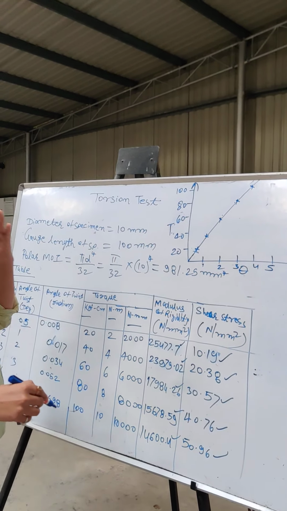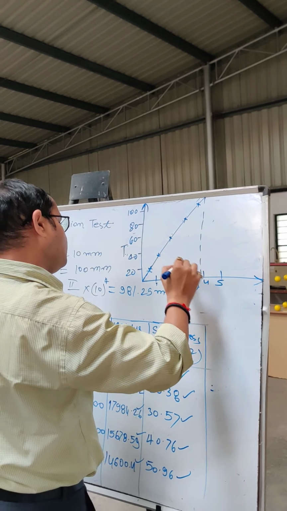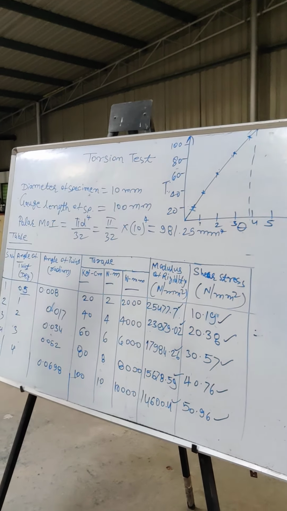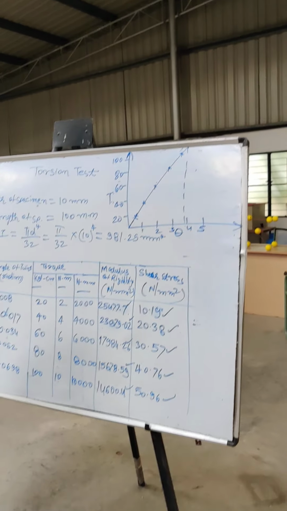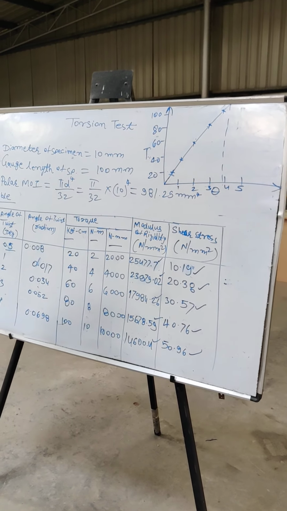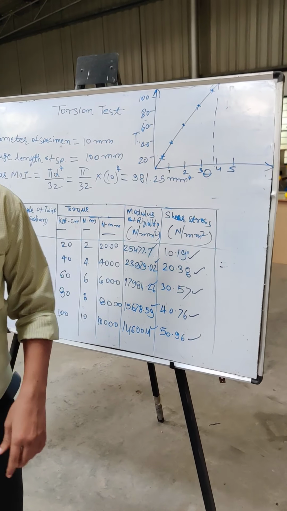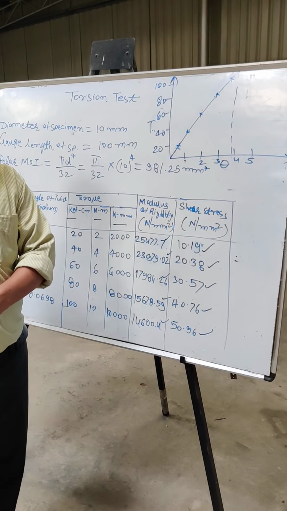So you can see the T and theta graph is one straight line. So this is one experiment which I performed today. You can do the calculation from this video, and I will share the document with you, showing how to write the experiment in your lab record. Okay, so till now, bye.